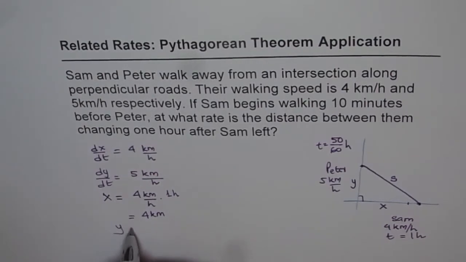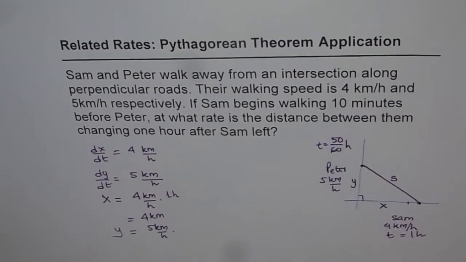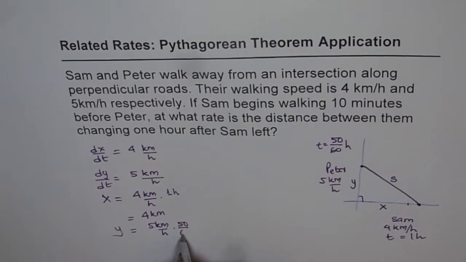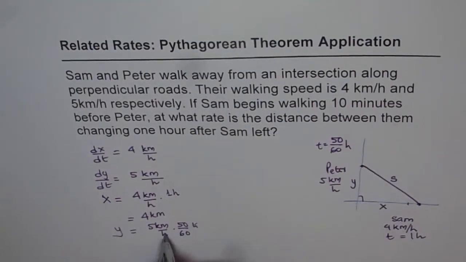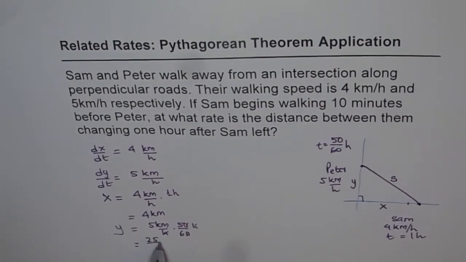And as far as y is concerned, it will be 5 kilometers per hour, and the time is really 50 minutes because Peter starts 10 minutes late. So Peter really doesn't walk for an hour. So he walks for 50 minutes. So 50 over 60 times, hour cancels. And what do we get? 0, 0 cancel. We get 25 over 6 as the y value in kilometers.